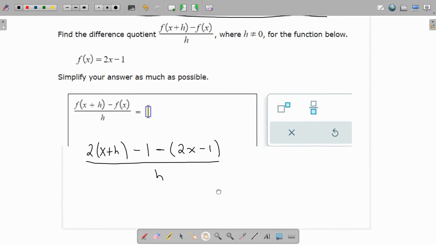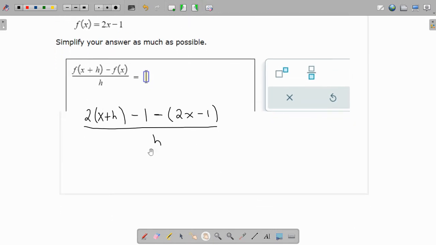Now, if you do these problems right, at the end the h's will cancel, and you're kind of getting into some things we use in calculus down the road. So first thing, distribute the 2: 2x plus 2h minus 1. Distribute the negative 1. Negative 1 times 2x is minus 2x plus 1, all over h.